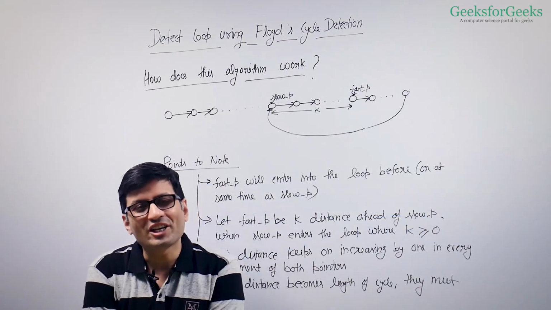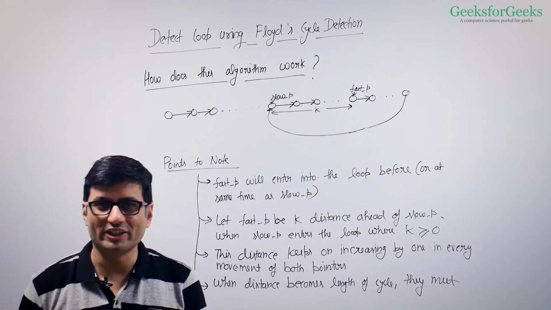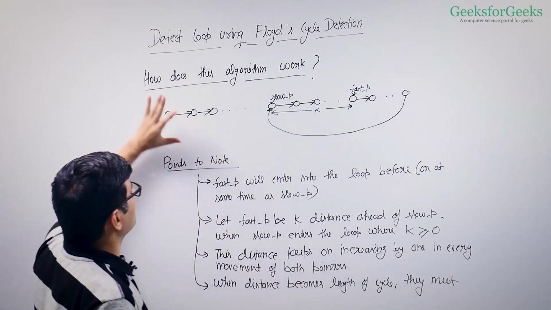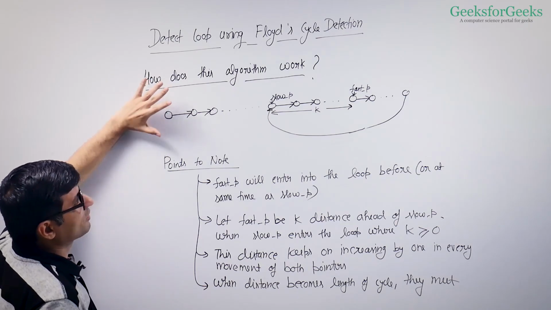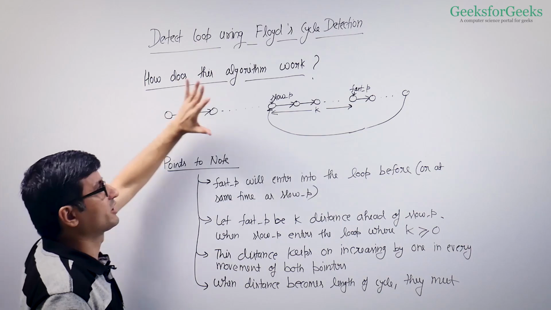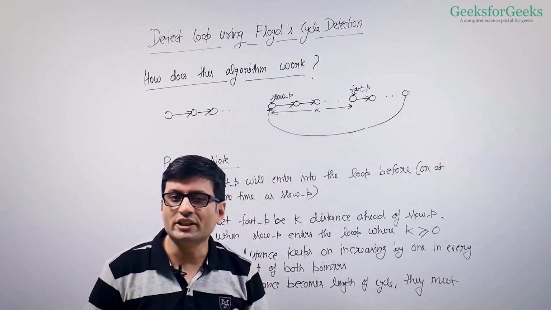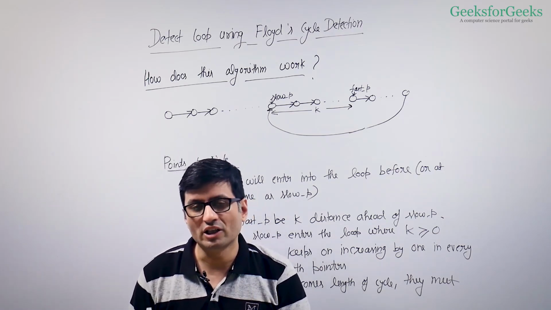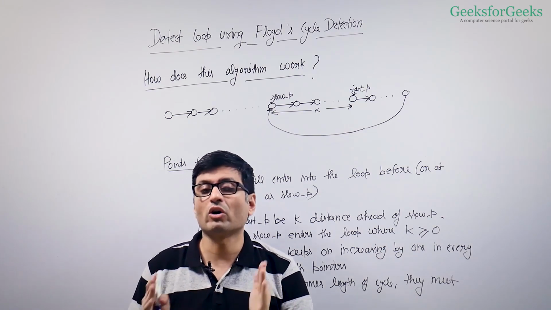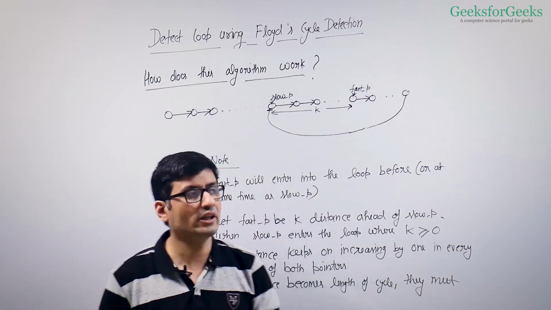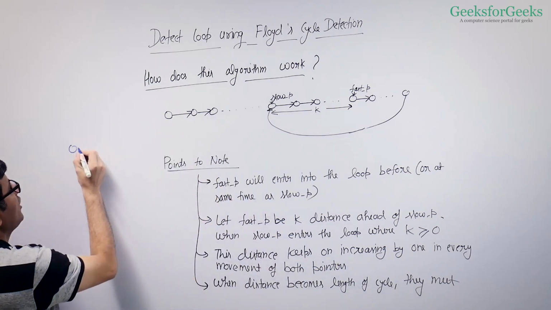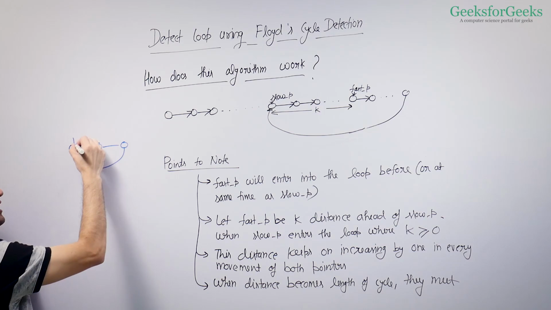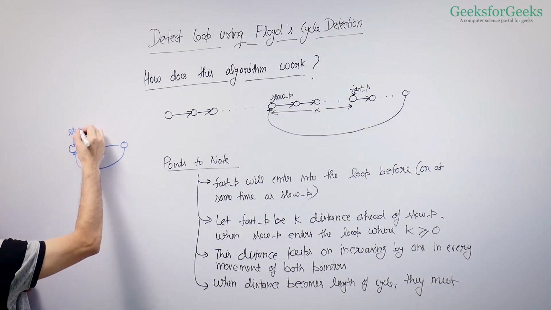Let us now see how this code works mathematically. How is this algorithm working all the time? The proof of this algorithm, the working of this algorithm, is based on these lines. First thing is your fast pointer will always enter into the loop before or at the same time as the slow pointer, right? So if your whole linked list is a loop, then they will both definitely reach at the same time, slow and fast.